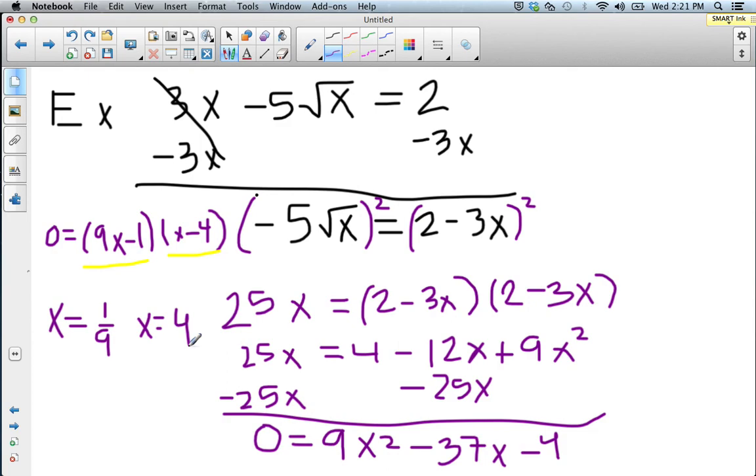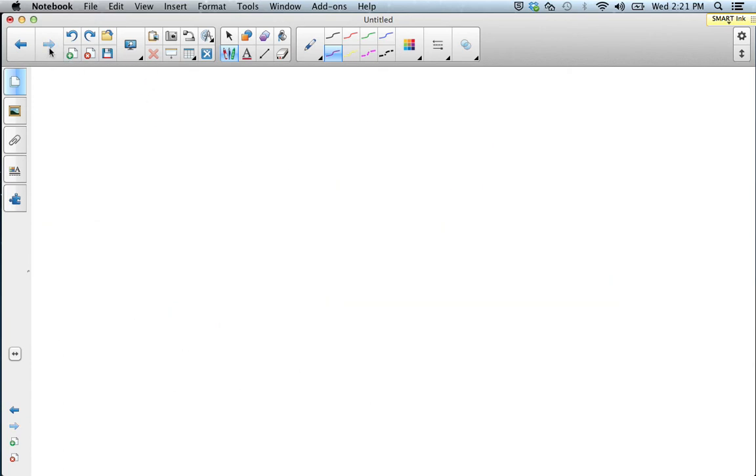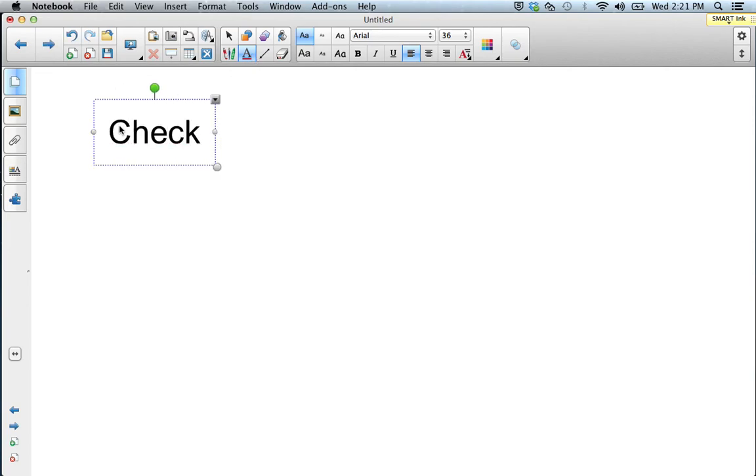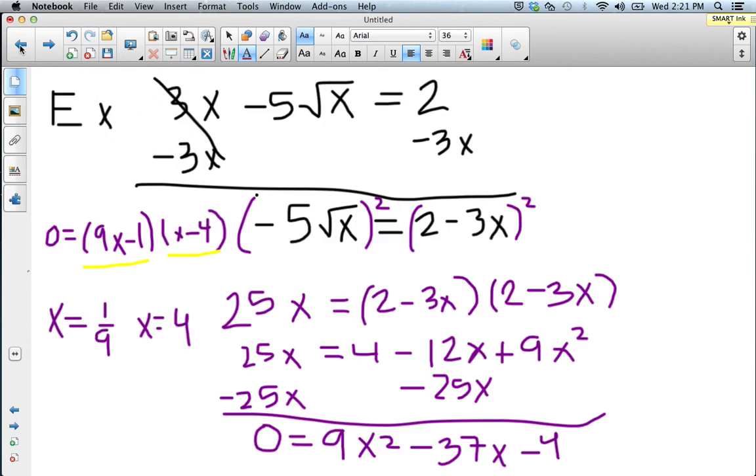Now remember that we always have to check to make sure our answers aren't extraneous. So I'm going to go on the next page and check the solutions. Check. So we're checking x equals 1/9. And I'm going back to my original problem. So 3 times 1/9 minus 5 times square root of 1/9 equals 2.